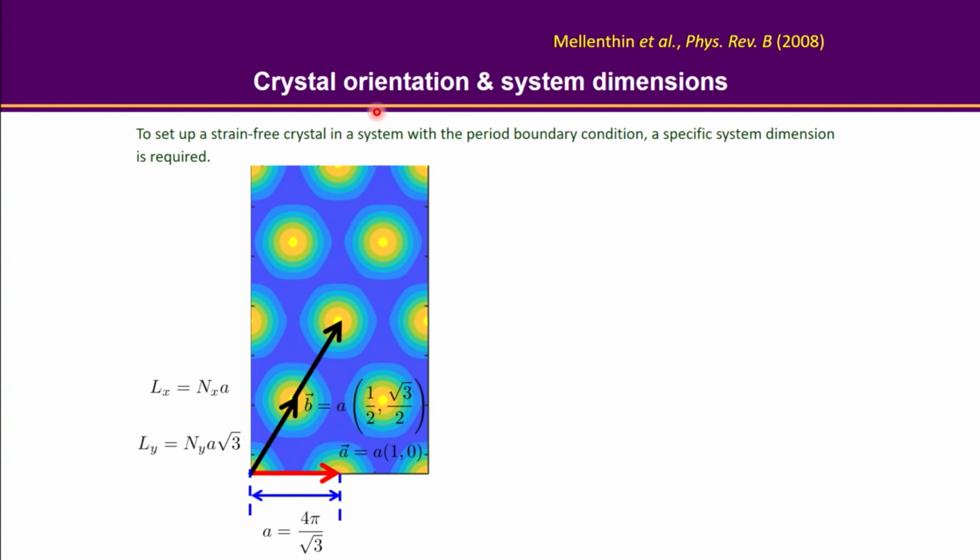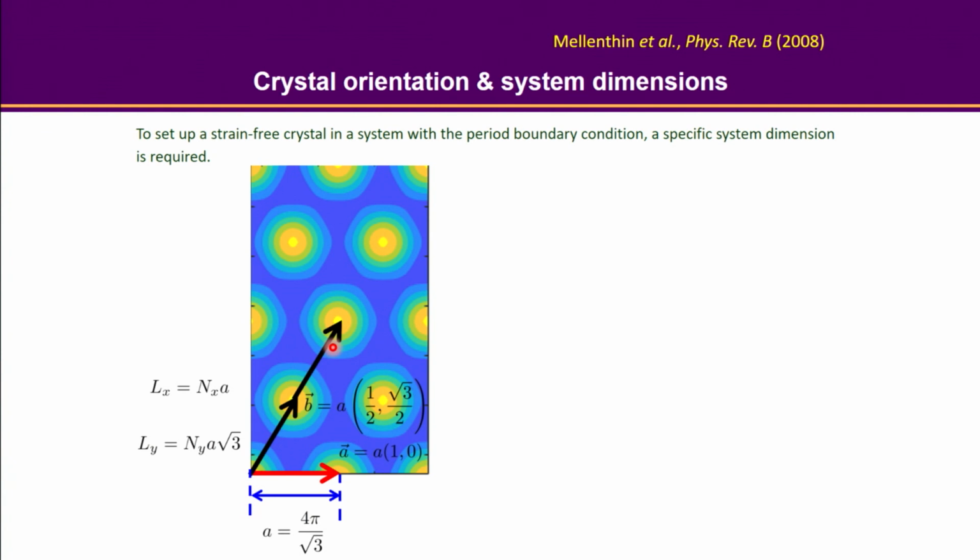On the contrary, if I want to get the solid-liquid interfacial energy along this lattice plane, the left could be the solid I set up and the right would be the liquid. But in that case, I only need to set my vertical dimension to 4 pi, this distance, because anything above that is going to repeat itself. So it depends on your purpose.